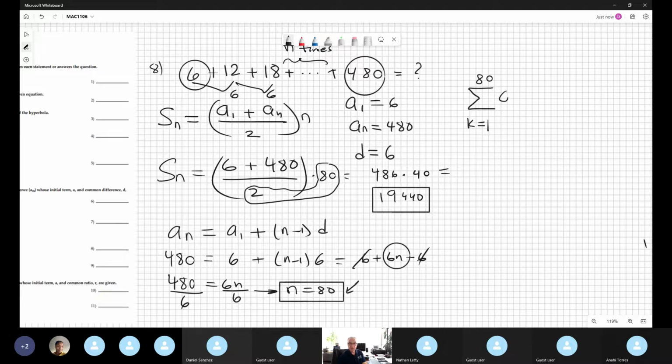I put 6k because the index variable in the summation is k. So 6 goes outside the summation from k equals 1 to 80. Okay, and use one more time that formula, guys, is 6 times 80 times 81 divided by 2.